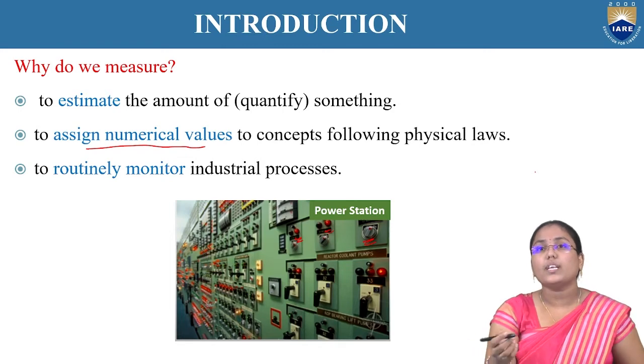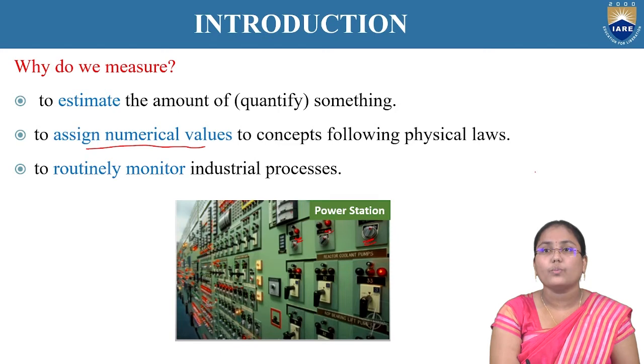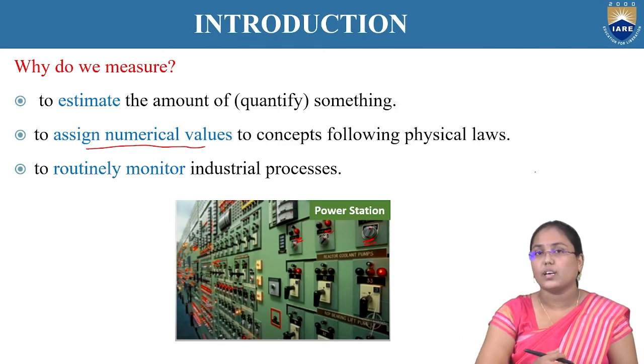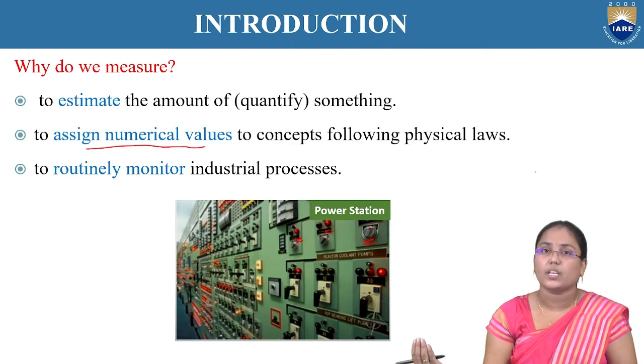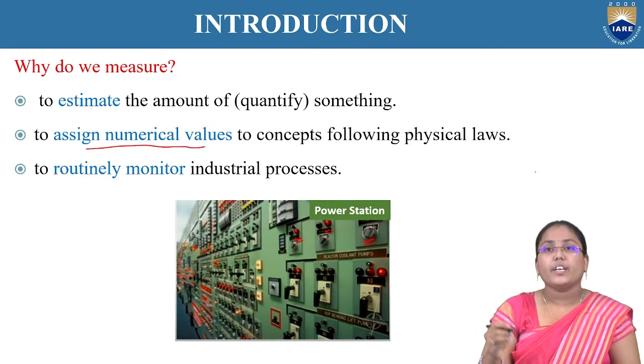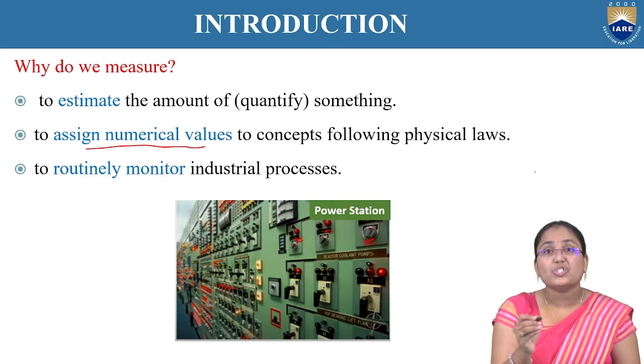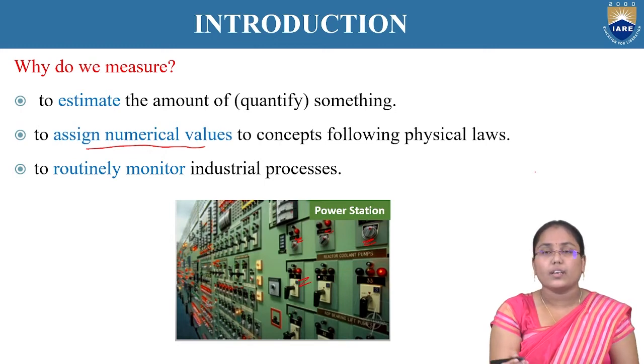So to routinely monitor these industrial processes, we have to check how much power is being given to the particular instrument every time. Every time we have to measure the particular quantity and see how it is being supplied.